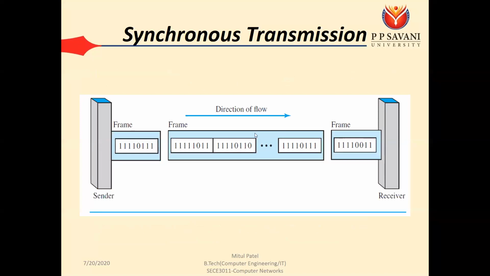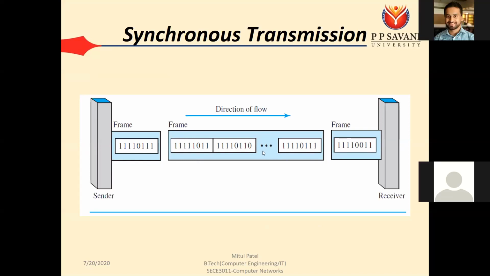In synchronous transmission, the frame consists of multiple bytes, and it is possible that there can be a gap between two frames, but there should not be any delay between the bits inside the frame. Let's say you indicate that this is a frame with 32 bits.